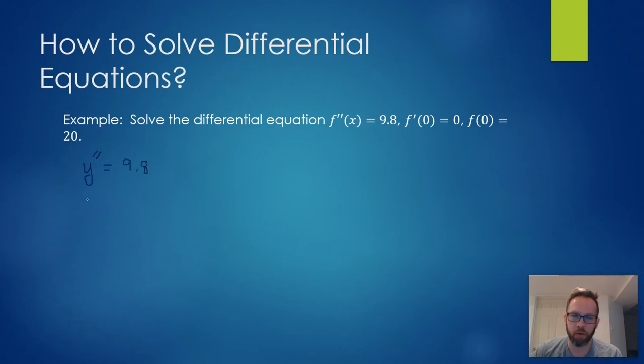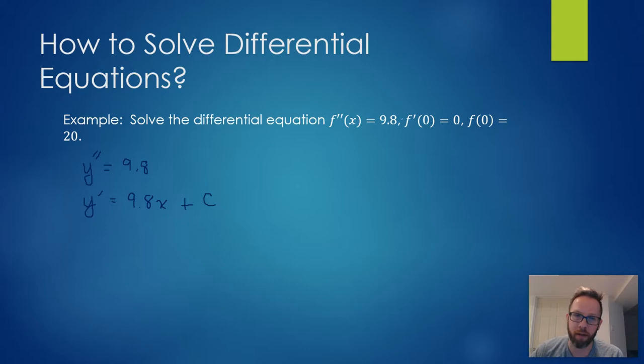9.8. So using our knowledge of antiderivatives, our y prime would be 9.8 times x. Taking the derivative of that would give me 9.8, but I could have some constant, I'll call it c.